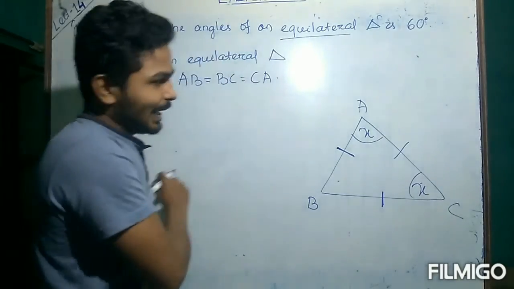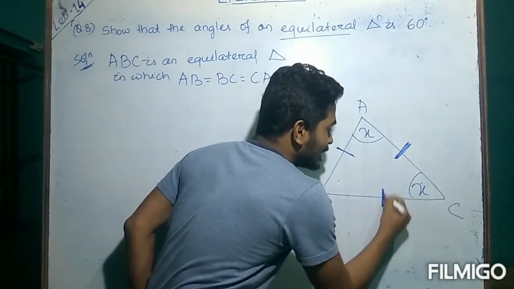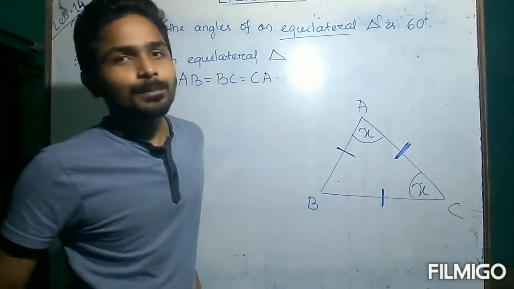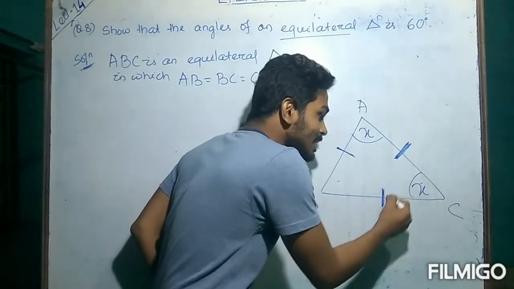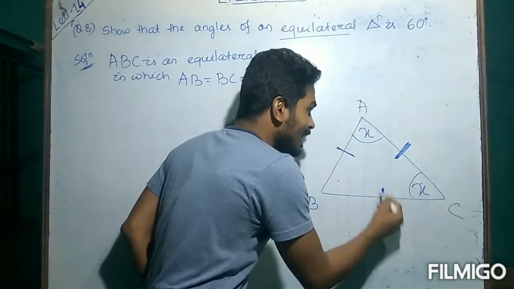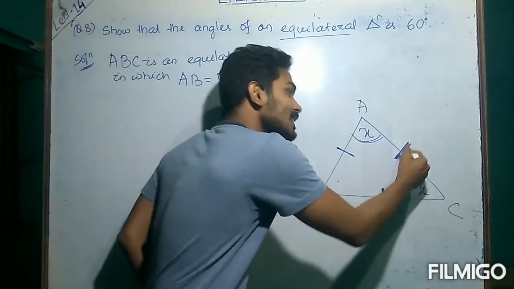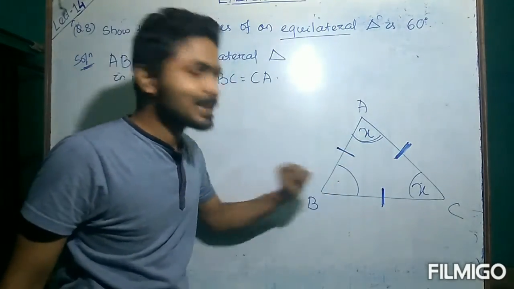Okay. Similarly, if we consider this side and this side, since this side and this side are equal, we know according to theorem 7.2, if two sides are equal, then the opposite angles must be equal. So what is the opposite angle of this side? This one. What is the opposite angle of this side? This one. So this angle must be equal to this angle.